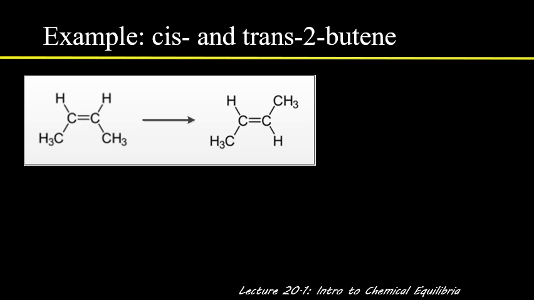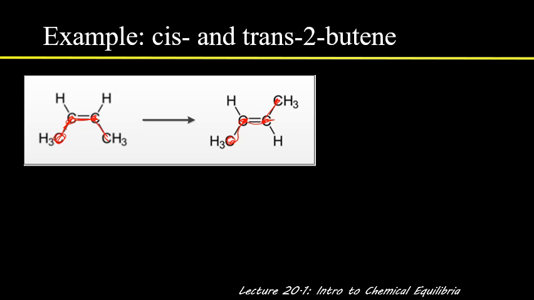All right, so let's start with this simple example. This is the conversion between cis and trans 2-butene. You may remember from when you talked about organic nomenclature, if you have a chain of 4 carbons, and you can see here that this molecule has 4 carbons, right?